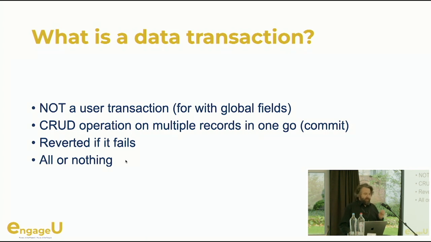A transaction can be reverted if it fails. And it's all or nothing. The idea of a transactional database is you do a bunch of operations, and if one of them fails, the whole transaction is reverted. You cannot be cherry picking. Okay? So this is the idea of a database transaction.